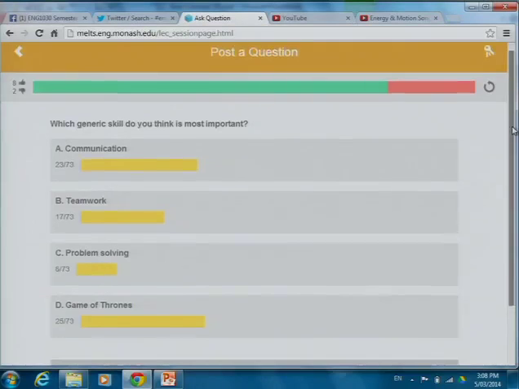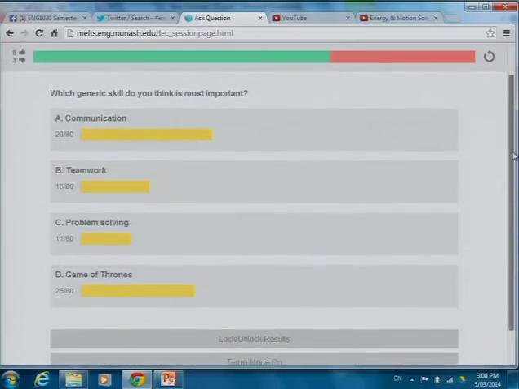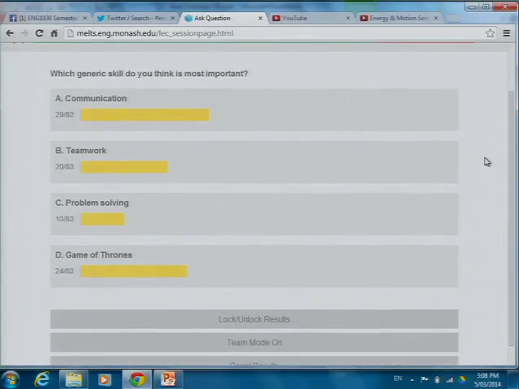So, already, 3 thumbs down. Thank you very much. So it's a tight race between communication and Game of Thrones. Very good. That's good. 93, 94 responses. Is anyone still trying to get into the system? All right. You'll have another opportunity later on. But I'll leave the question open so you can get in and answer it.